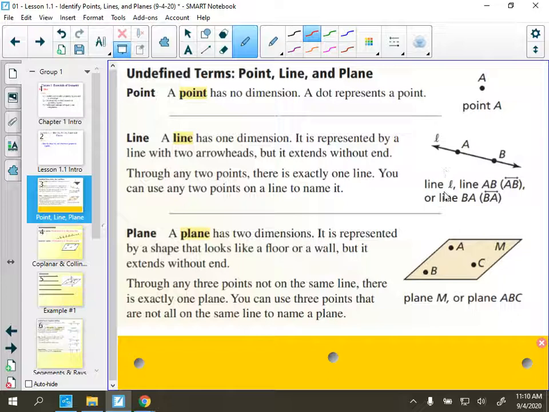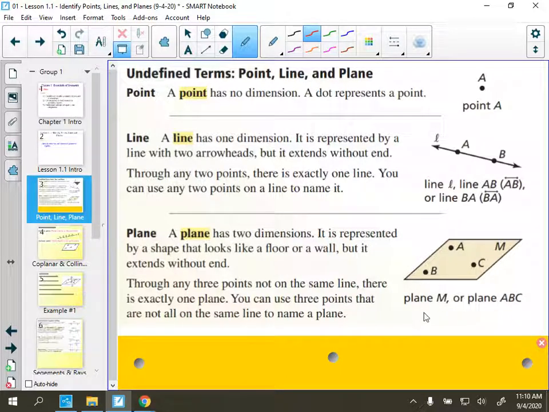It still works like a line in that, although our drawing stops because we can only draw so big, it's implied that this extends, it keeps going. This flat surface keeps going forever that way, down, left, right as we look at it. Okay, so it's just kind of a single plane flat surface.